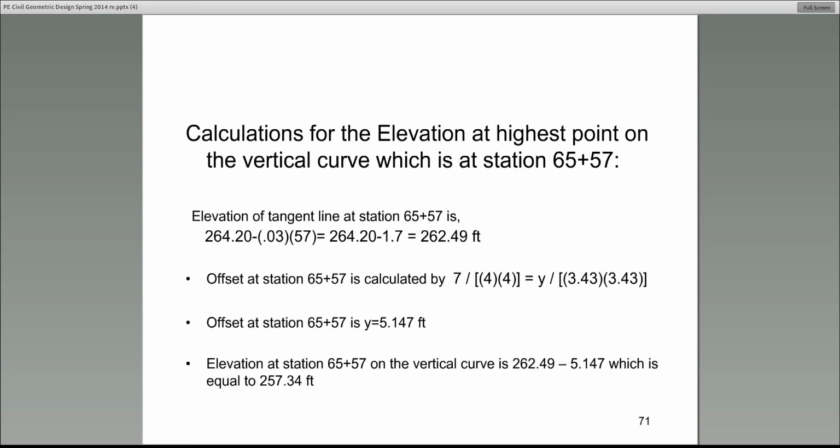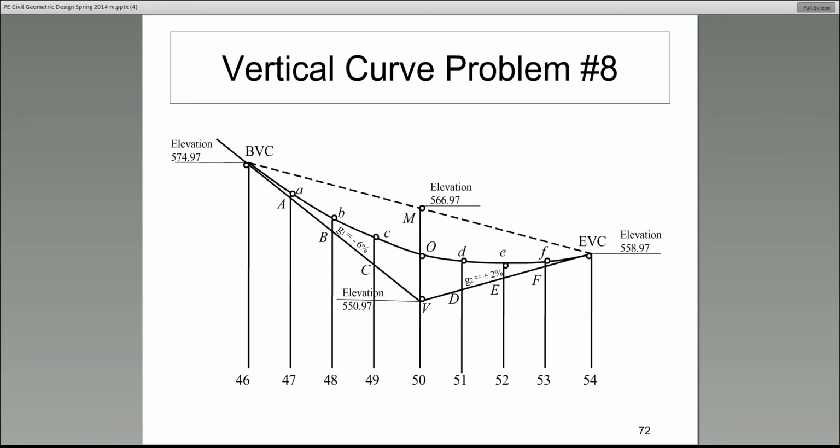Once you know exactly where the station of the high point is, this is what you need to do in order to find the elevation at that point. Basically, you identify the location, then you find the elevation on the grade or the gradient line, then you calculate and subtract the offset from it, and it gives you the elevation on the curve. Follow that on your own, and if you have any questions, let me know.